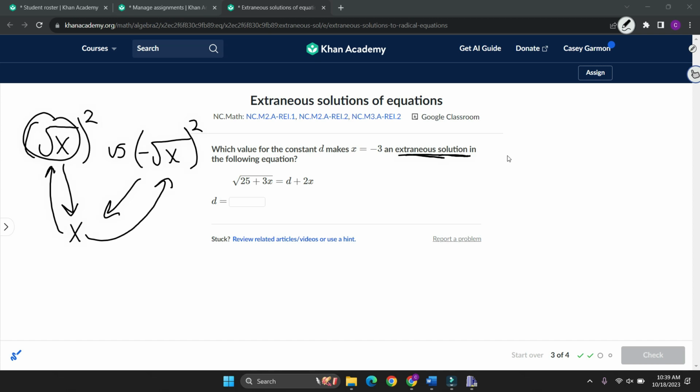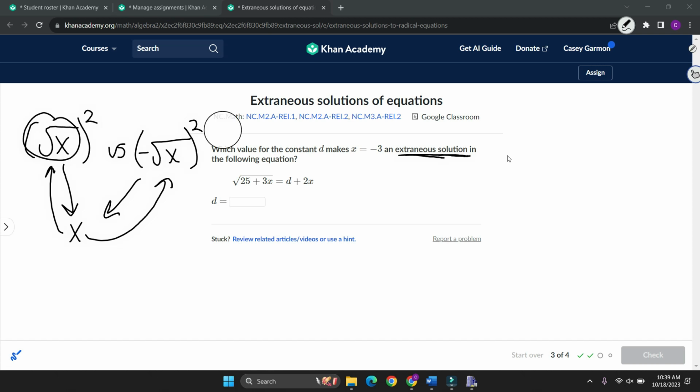So what we need to do is look at the sign in front of our root, and solve the equation of the opposite sign root, which is a very awkward way to phrase that, but that's effectively what we're doing. The equation we would solve to get the valid answer contains the positive root of 25 plus 3x.